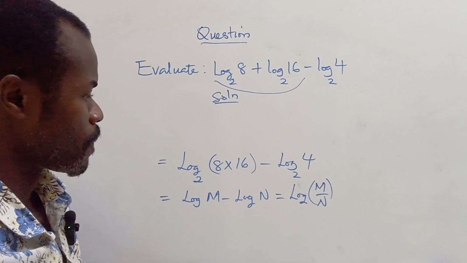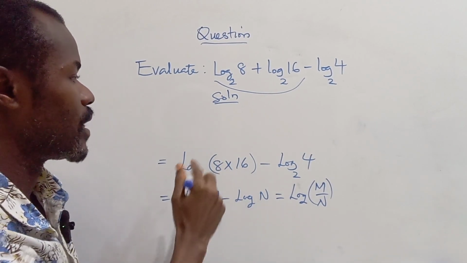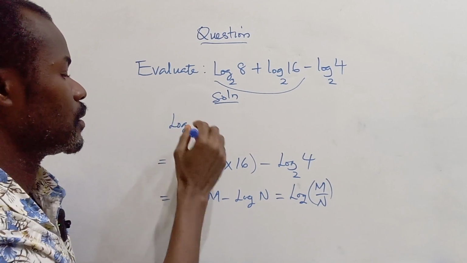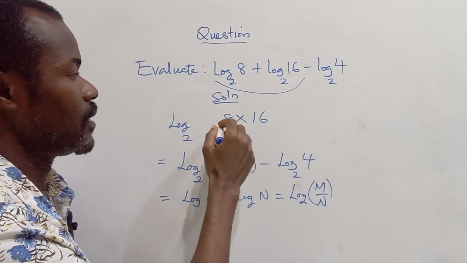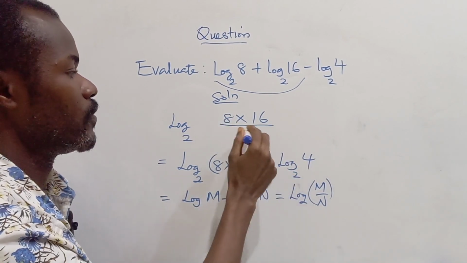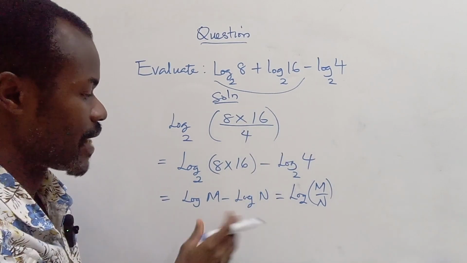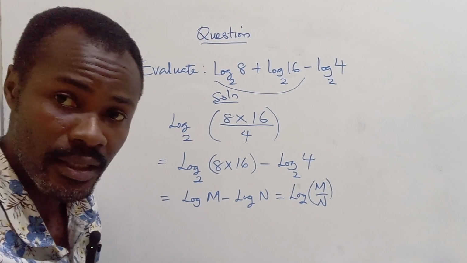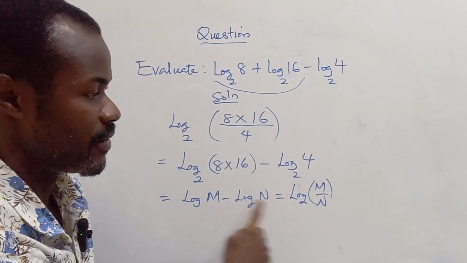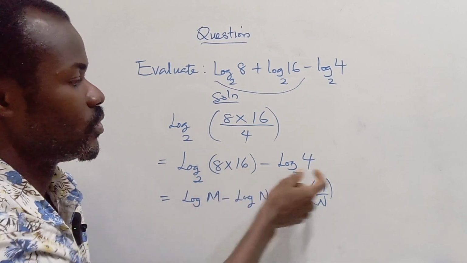So this expression is actually going to be log of 8 times 16 divided by 4. Just like we have here, when you are subtracting, you divide the numbers you have. So this is going to divide this.